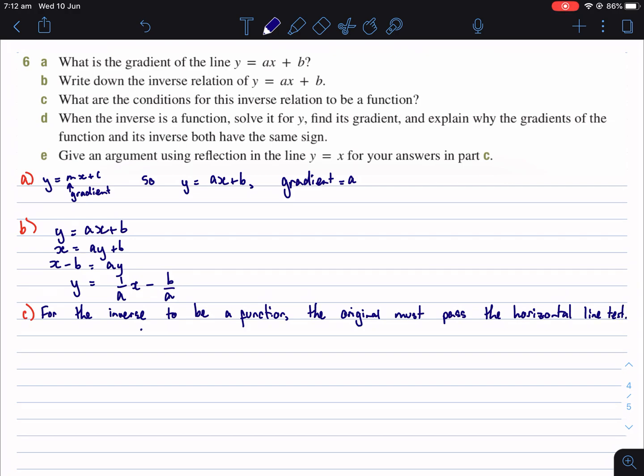If we have a straight line, these are my axes, and this is like any straight line, it will always pass the horizontal line test unless our original line is a straight line.